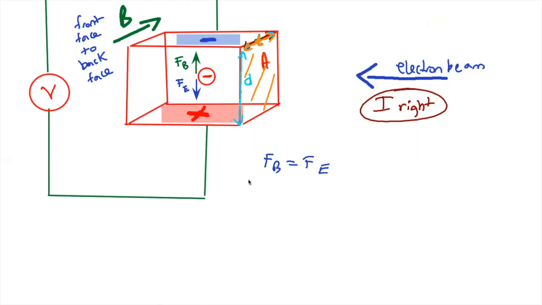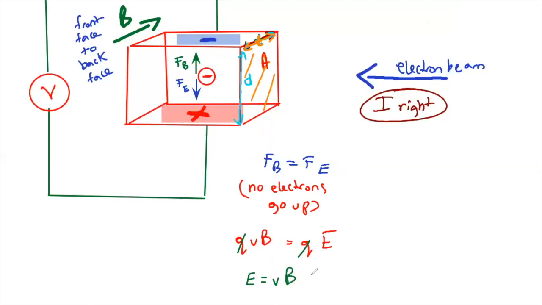This is that point when we say that QVB, which is the magnetic force, is equal to QE. The Q cancels out and I get this formula: E is equal to VB, or V is equal to E over B.